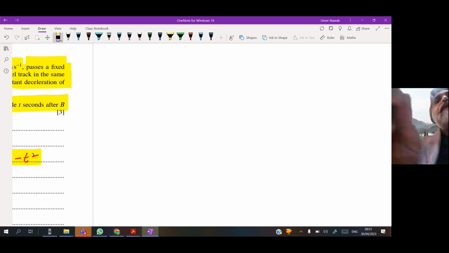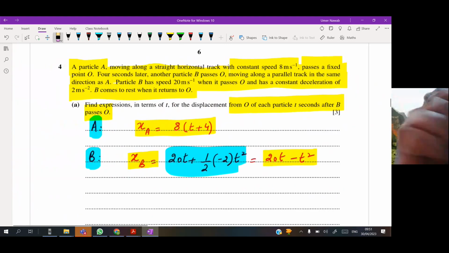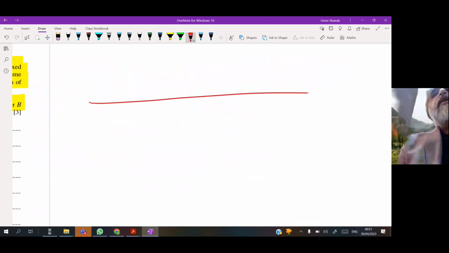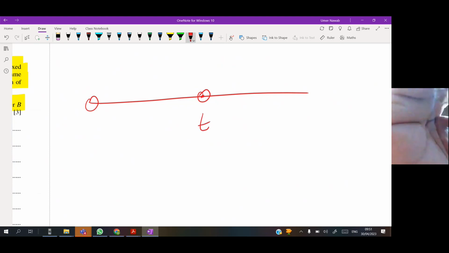So I hope this makes sense to you. Why not explain if the examiner was saying, no, try to take the time when A passes O. So if A is here and B is here and B takes t time, obviously I will say that A will be taking t minus 4 seconds because it is starting 4 seconds later. So it is t minus 4.